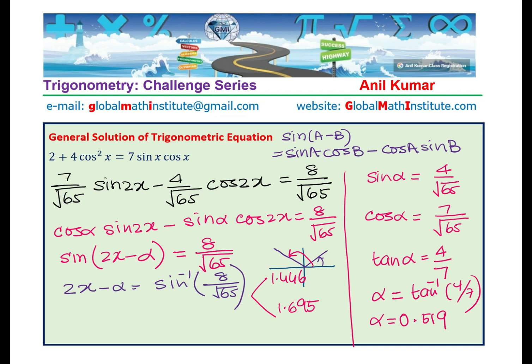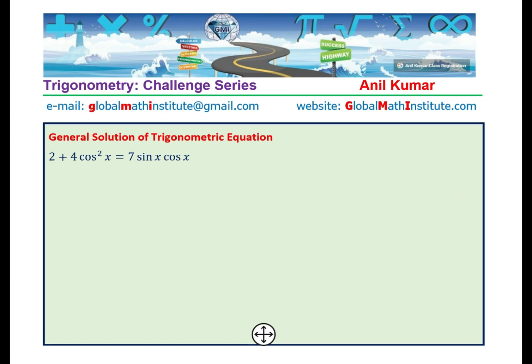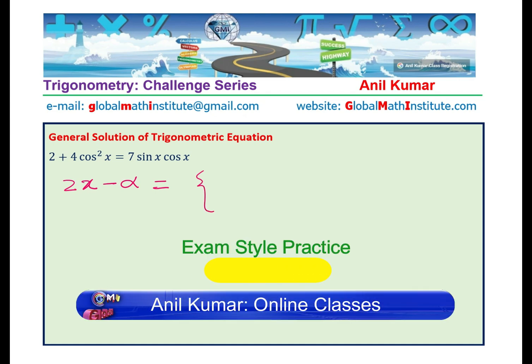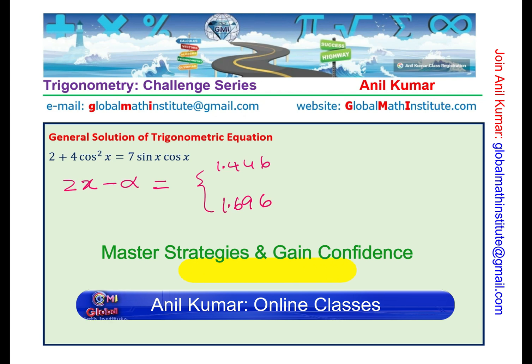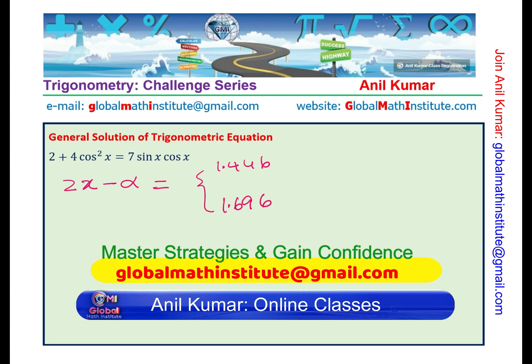So I hope all the steps are absolutely clear, right? So 2x minus alpha is basically equal to two values. One of them is 1.446 and the other value is 1.696. We also found what value of alpha is.